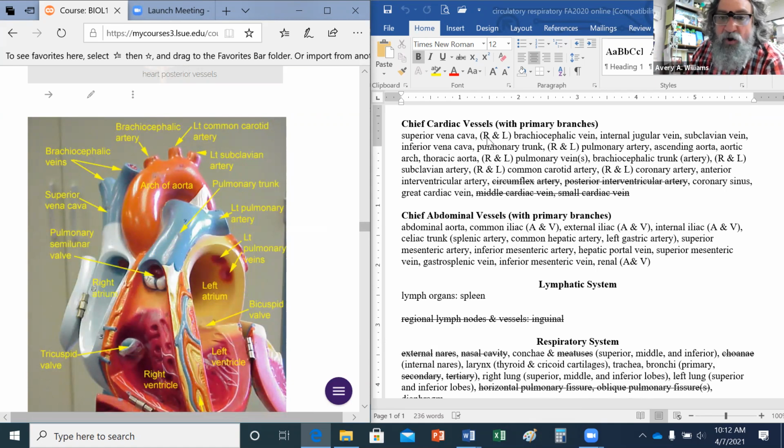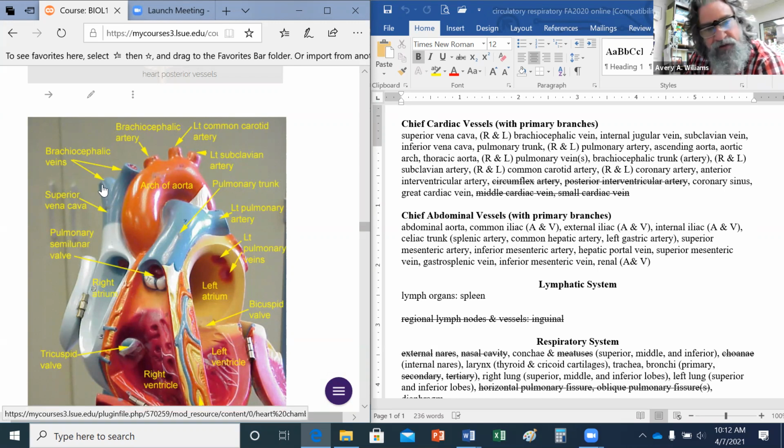Now, the right and left brachiocephalic veins. Brachiocephalic means head and arm, get it? These two veins are what come together to form the superior vena cava. So you look right here, this is the right brachiocephalic vein, and this is the left brachiocephalic vein.